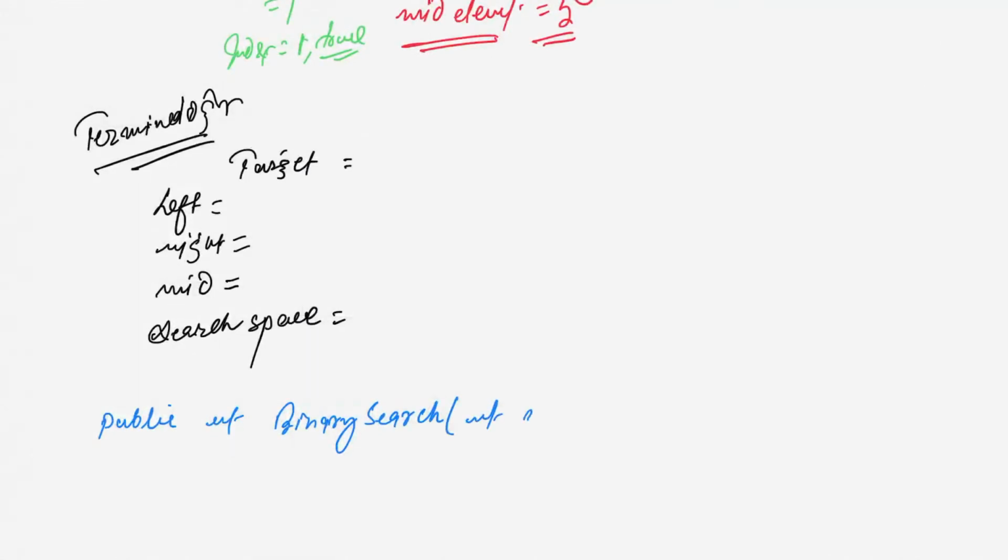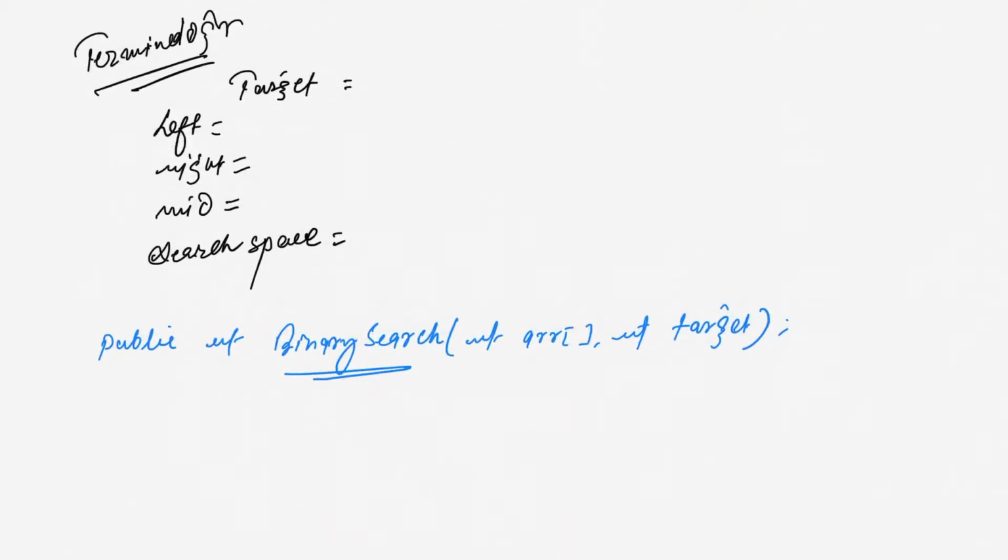You need to pass one array, and you need to pass the target value. This is how the signature is going to look. What could be another signature when you implement binary search? It's going to look like public boolean isKeyFound.